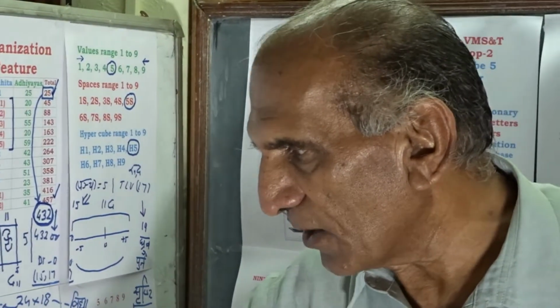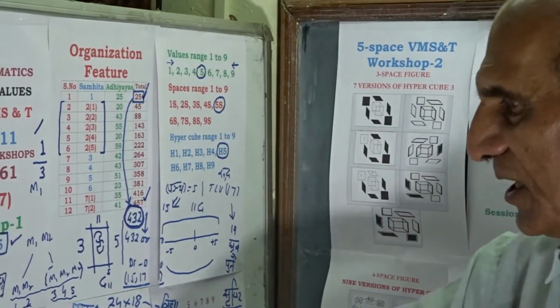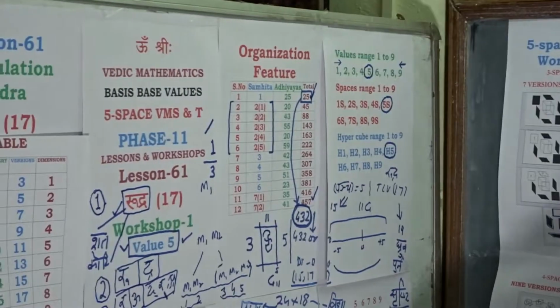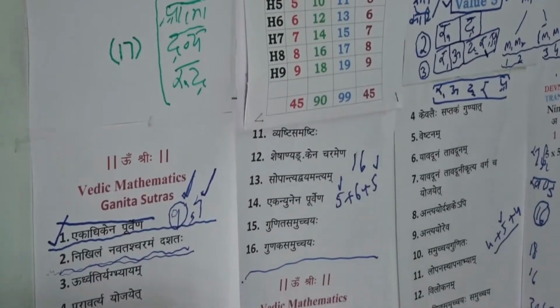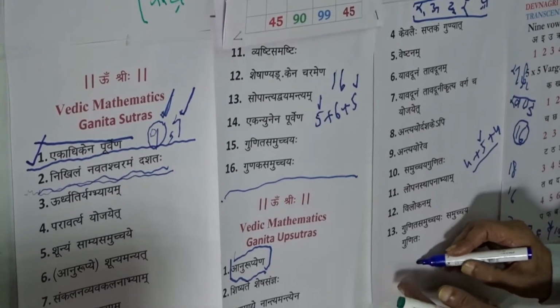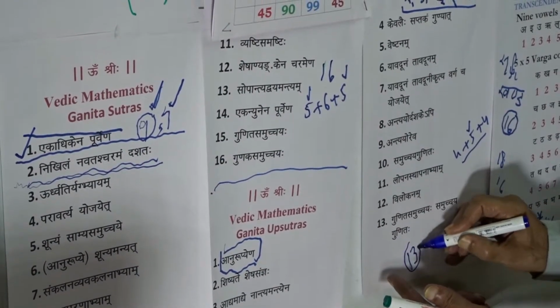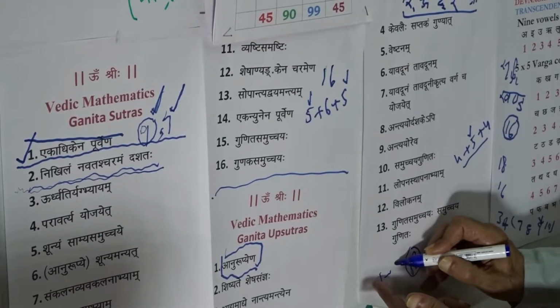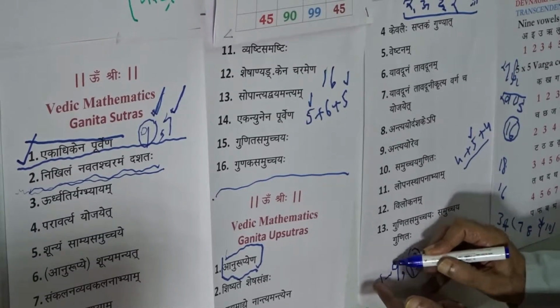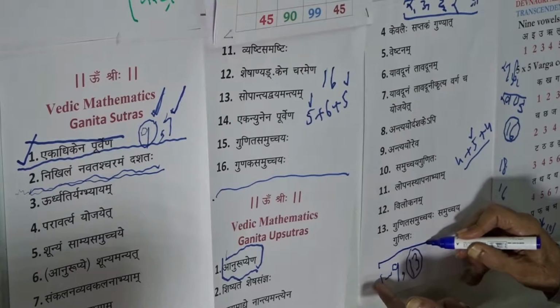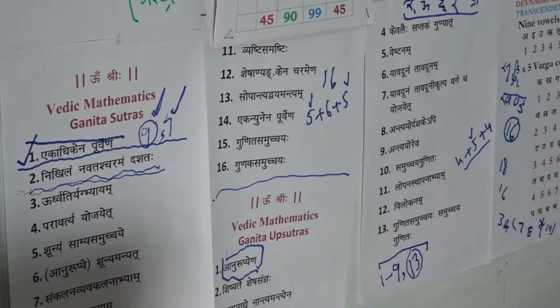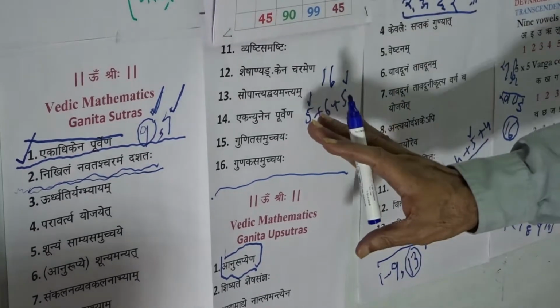Now, Ganita Upsutras are 13 in number, and the importance is that value 13 as well is being availed by the TCV values. So values 1 to 9 and then value 13. These 10 values are being availed by the text of the Ganita Sutras.